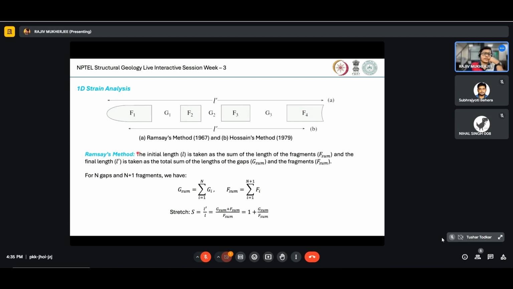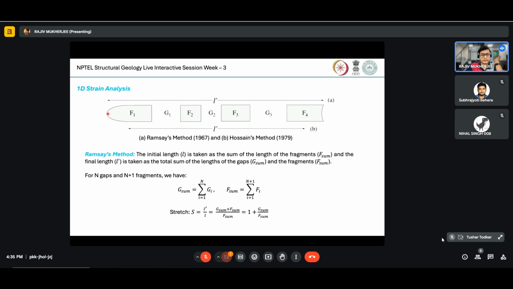For Ramsay's method, the initial length L is taken as the sum of the lengths of the fragments. For example, there are 4 fragments and we measure the length of each.